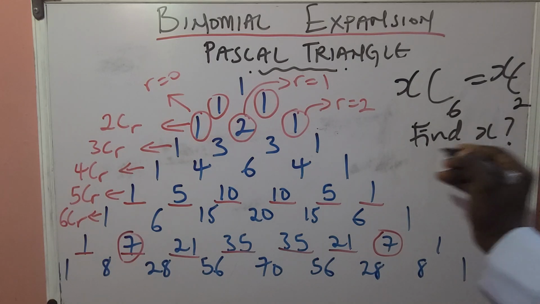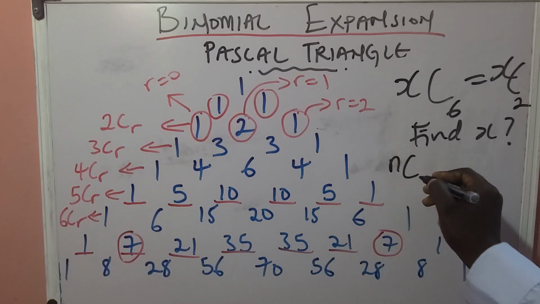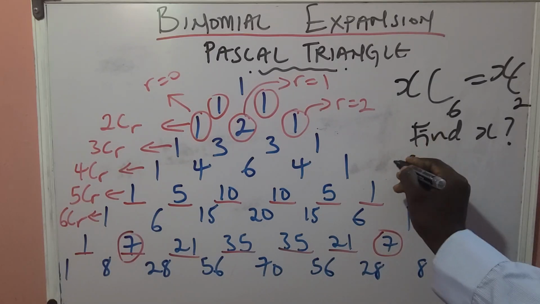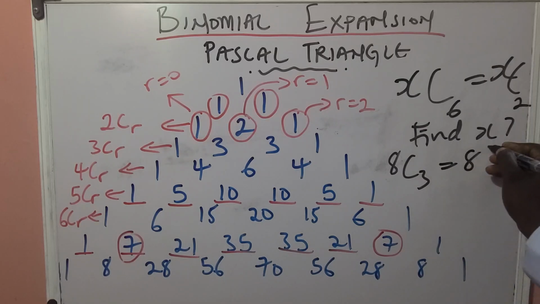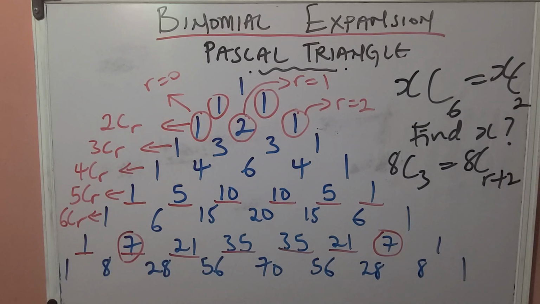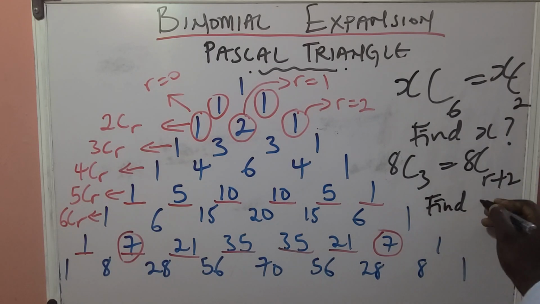And question number 2, if you were told that 8 combination 3 is equal to 8 combination R plus 2, what is R here? Find R. Let me see how you fare with these two questions. 8 combination 3 equals 8 combination R plus 2, find R.